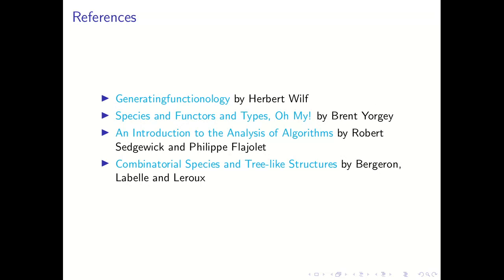Here are some resources. Generatingfunctionology is pretty good. It's got a lot of tricks on how you can deal with generating functions. This paper, Species and Functors and Types, Oh My, is really for those of you who are into programming, particularly functional programming. This was where I learned about combinatorial species.